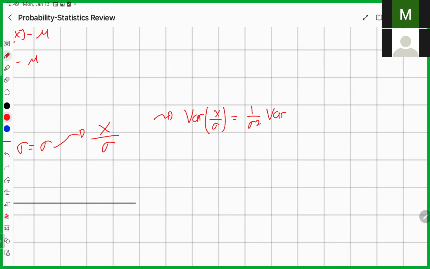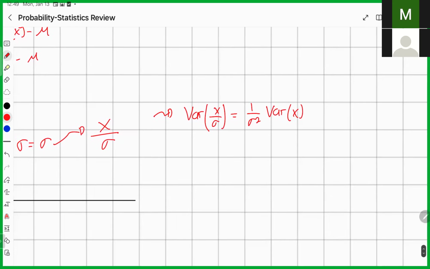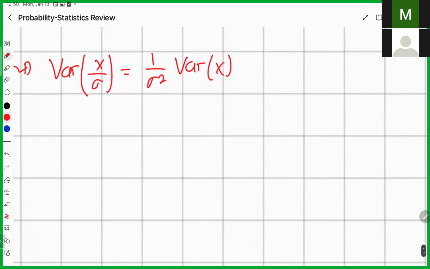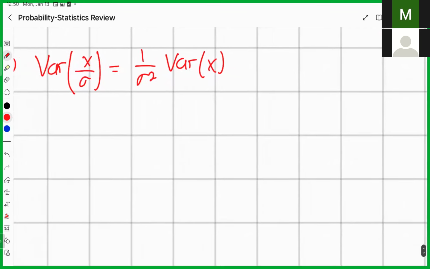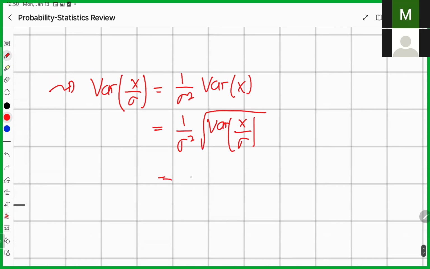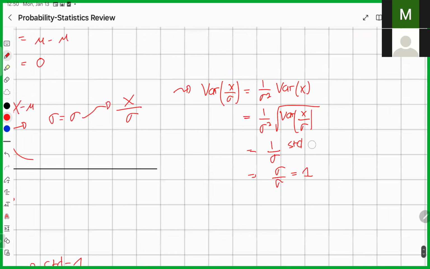We'll call the variation of x here, and then it will become 1 over sigma squared times the variation of x, and sigma divided by sigma will be equal to 1. So this is exactly what we have.